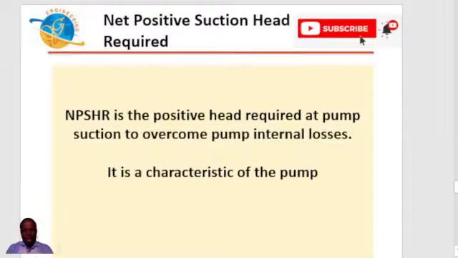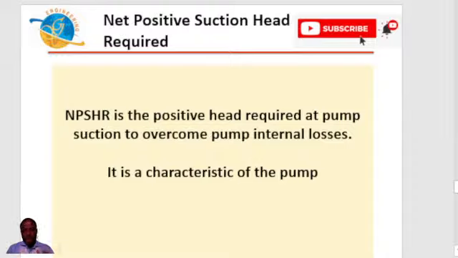We said NPSHA is that energy available at your pump junction to do what? To prevent cavitation. Now, we said NPSHR is that positive head required at the pump junction to overcome any form of pump internal losses. Don't forget I mentioned that NPSHA is your system characteristic. Meanwhile, NPSHR is a characteristic of the pump that you need to be very familiar with.